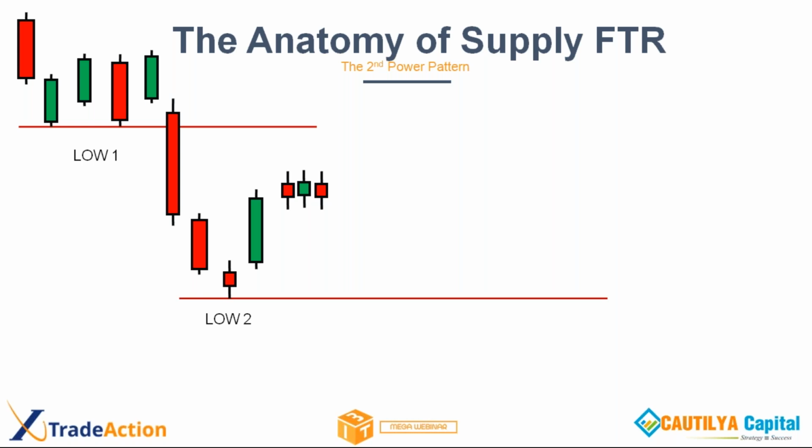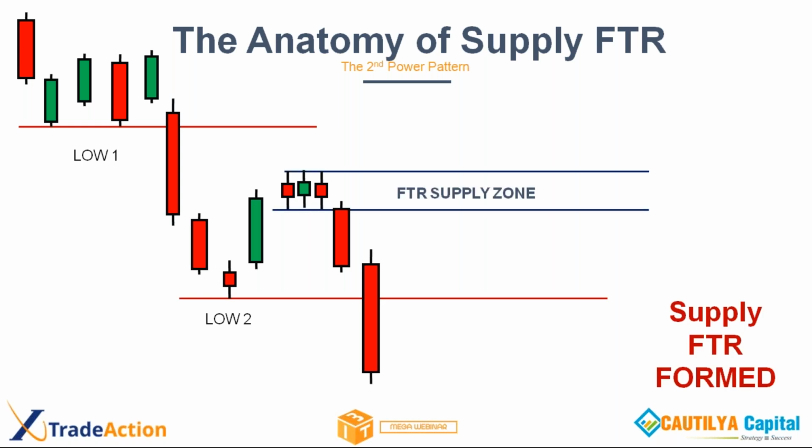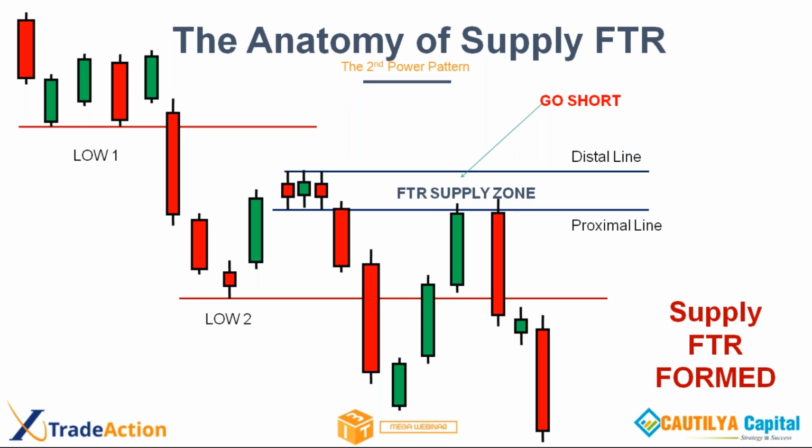Rule number 4. And price broke the low 2. Rule number 5. The moment low 2 is broken, the supply FTR is formed. And that base is my FTR supply zone, and they are my proximal and distal lines. When price comes back to that zone, I am going to short. When price comes back into that rectangle, I take an entry and it will bounce back.